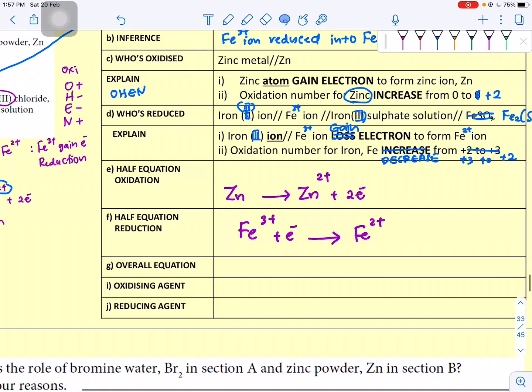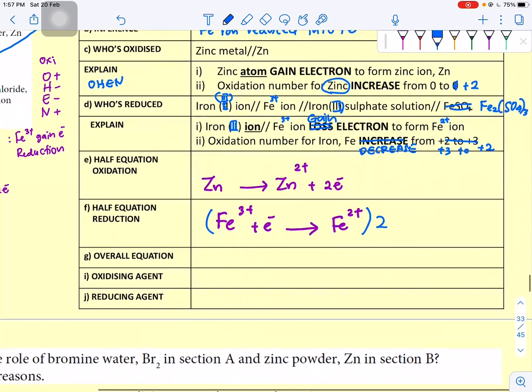Okay, so overall we need to balance the equation. This one multiply by 2. So dia akan jadi, gabungkan Zn plus 2Fe3 plus, cancel, equal to Zn2 plus 2Fe2 plus. Okay, so kita dapat 6 belah kiri dan kanan.